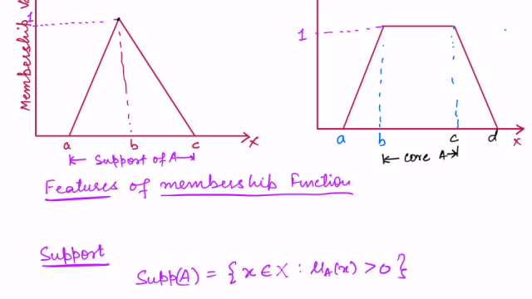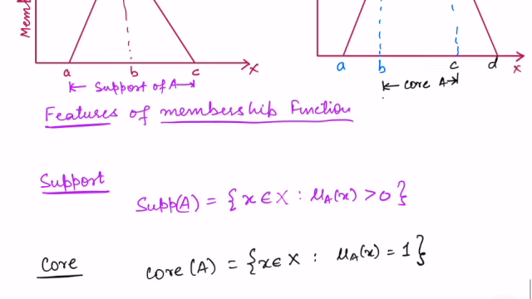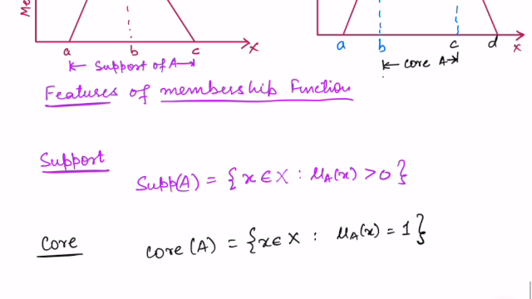Where the function takes value 1, it is only 1 point here. And in trapezoidal, it is from B till C. So this is the core of a fuzzy set. From here, we can easily say that the core of any fuzzy set is a subset of support, because if it takes value 1, it is always greater than 0.